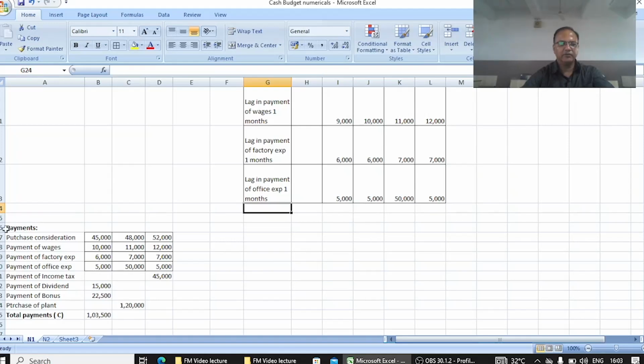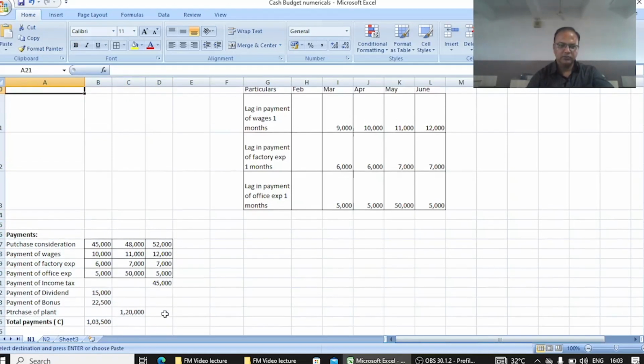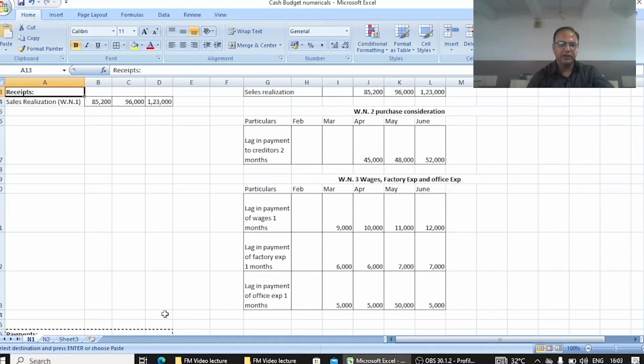Now because here we have a gap, I am writing this whole thing here so that the gap can be reduced.